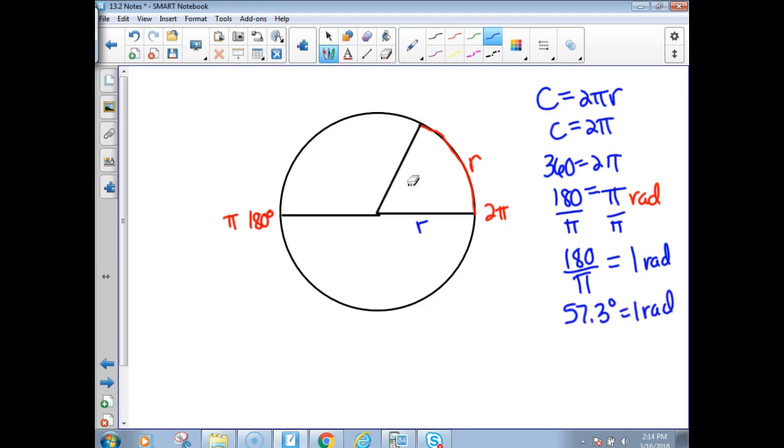Okay, so if I kept our drawing, this was 1 radian right here, and I kept going around, it's not actually going to be a full 3 to get to there, is it? What's 3 times 57.3? So it's not quite getting to 180, you follow me?